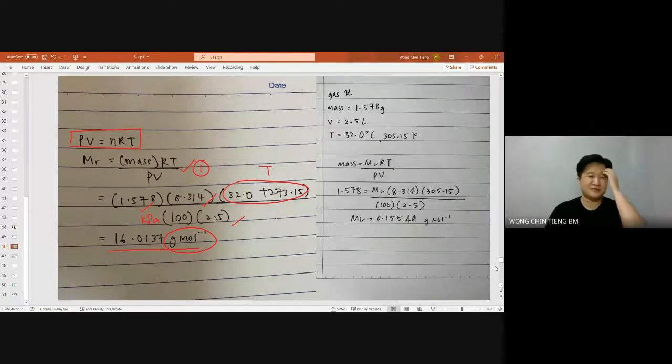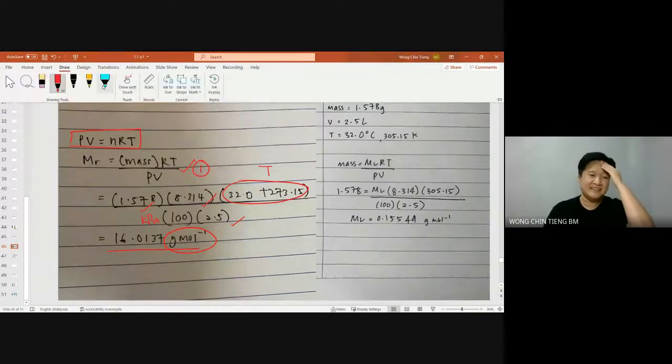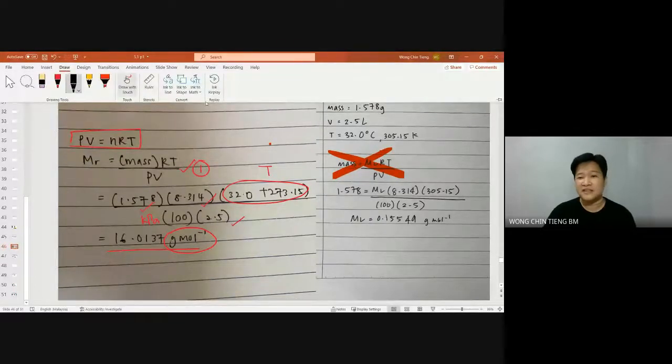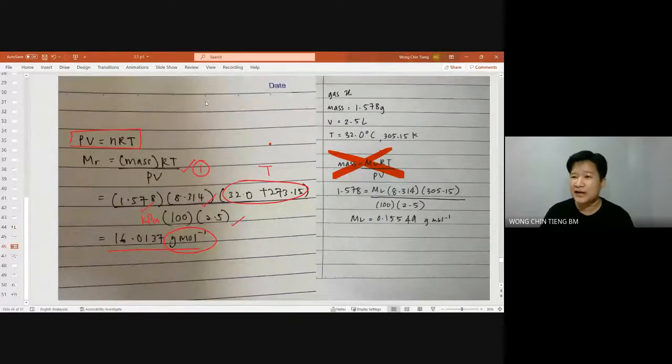Sebab tu saya tak suka bila salah tu dari saya. Daniel, open up your notes that you copy this formula from. I told you that this formula is wrong. My bad. I say already, saya minta maaf. Okay? I told you that this is not the correct formula. Your mass should be equal to PV Mr over RT. Betul?